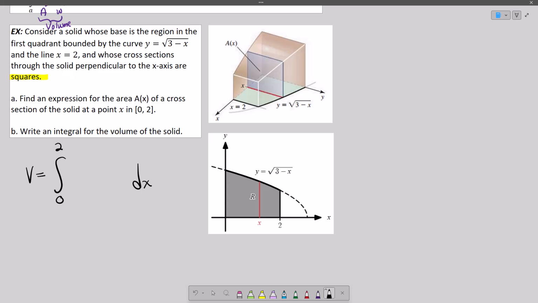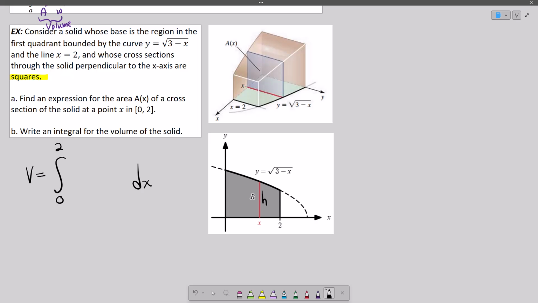So as x moves through, that little red segment gets longer and longer as we get closer to the y-axis. Can you tell me what the area of this square would be? This is representing the height. So here, that's going to give us the height of a square.